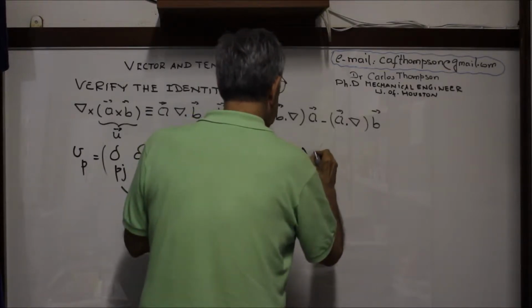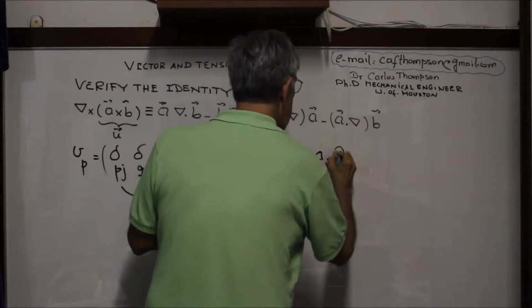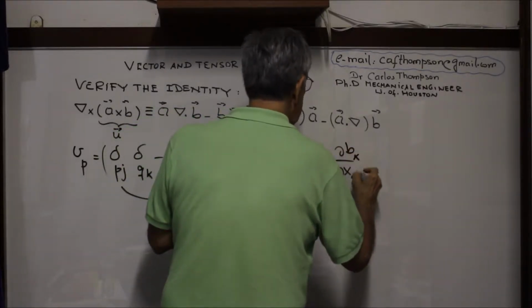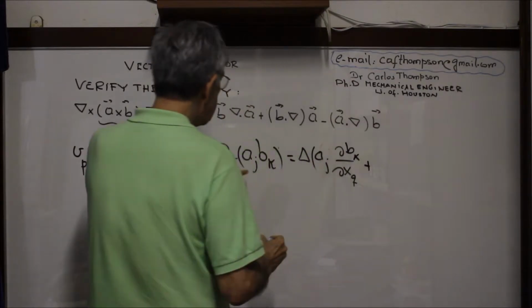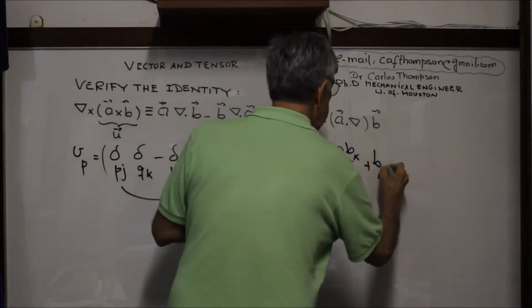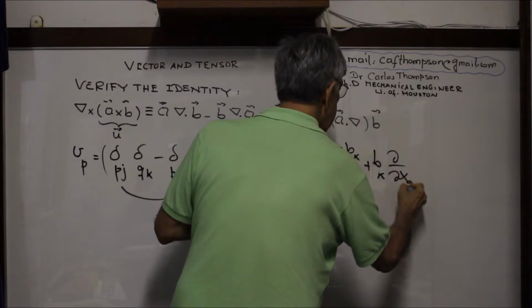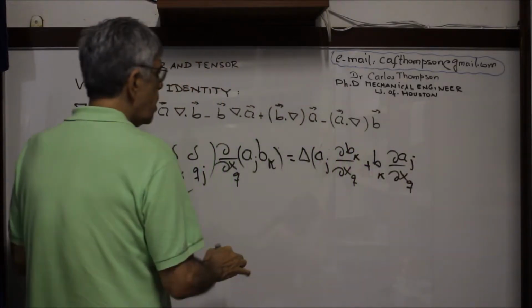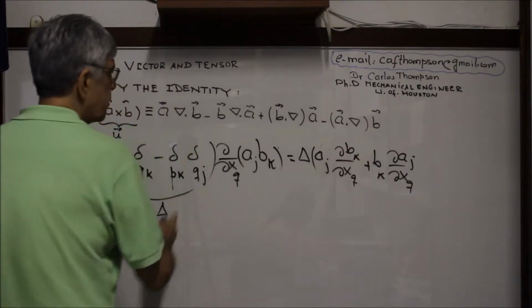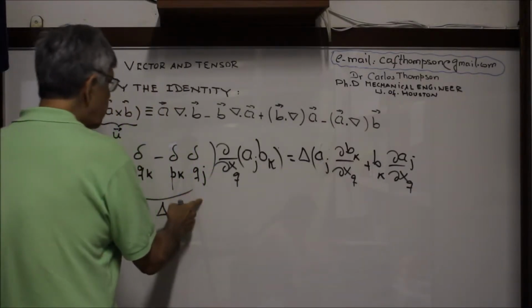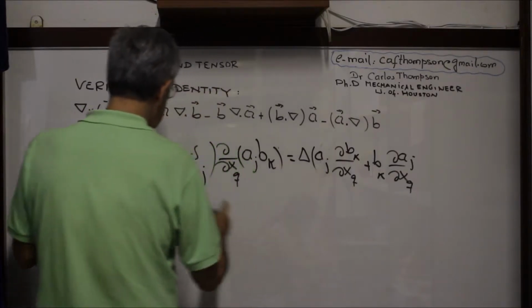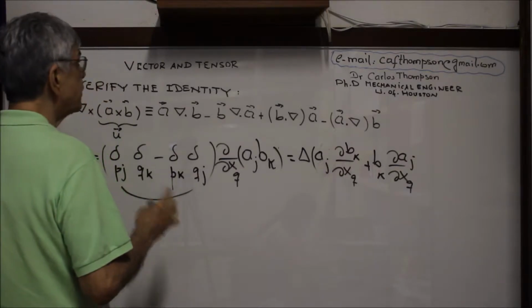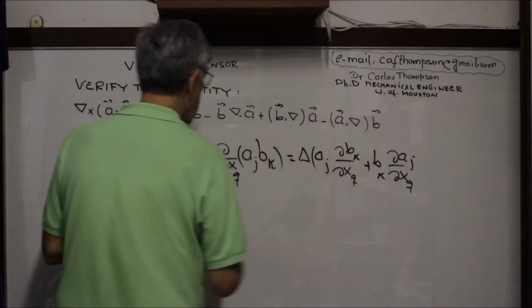I'll put here a j, partial with respect to x k of b k plus now b k partial with respect to x k of a j. Now delta is this. So let's apply this over here on this term and this over here on this term. See, then you have 4 terms. See, 1, 2, 3, 4.